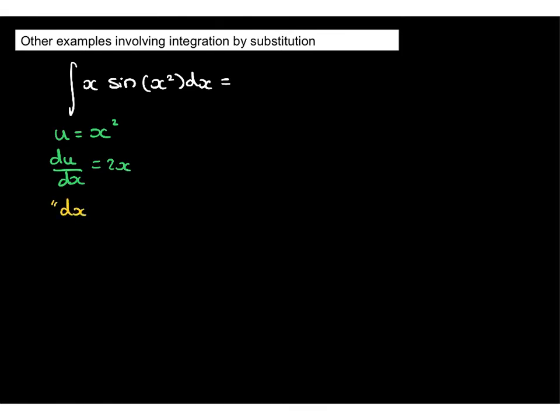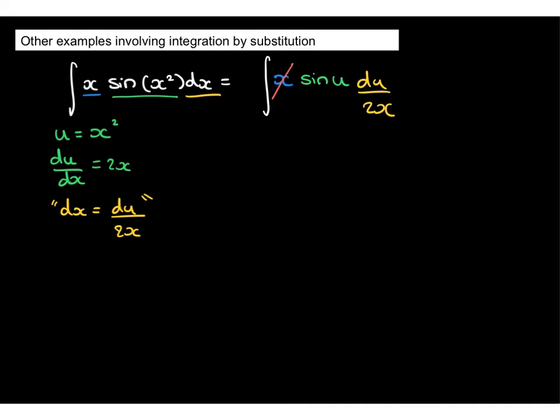Let's do the rearrangement, the pretend rearrangement, and then let's start substituting in. So I always leave this x here. We know it will cancel out, but we may as well leave it for the moment. And then we have sine of x squared, which now becomes sine of u. And then in place of dx, of course, I want to write du over 2x.